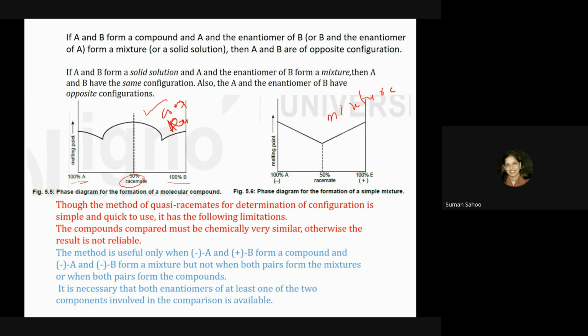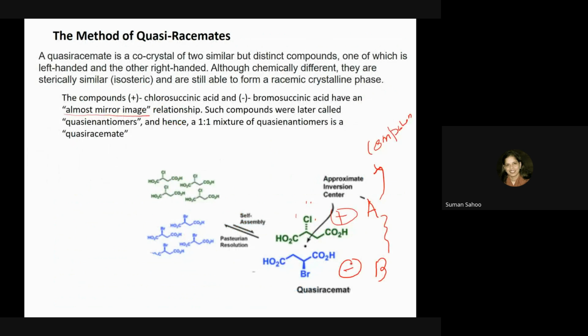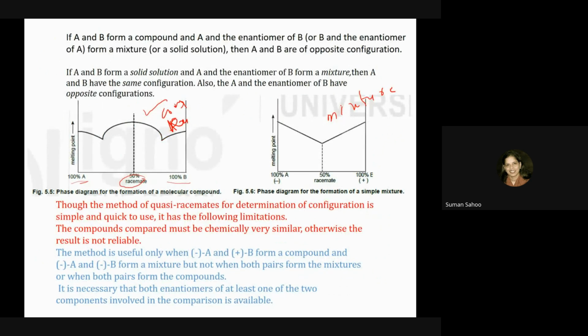Or we would just say, if A and B form a compound, and if we take A and instead of minus bromosuccinic acid, we take the plus bromosuccinic acid, that gives us a mixture or a solution. Okay, so from that we now know the configuration of B. From that we can find out the configuration of A, because that would be the opposite configuration.